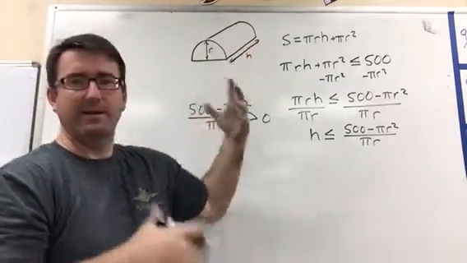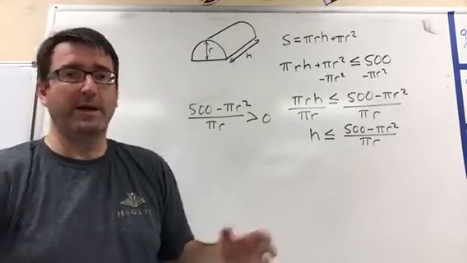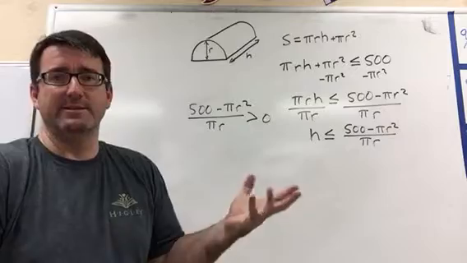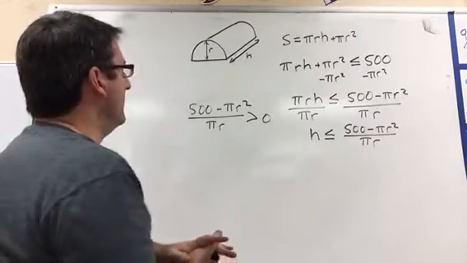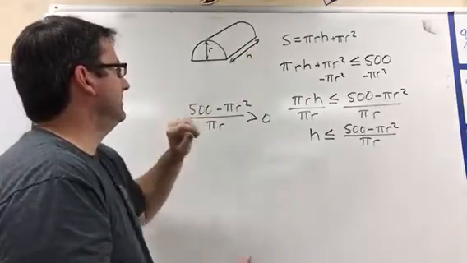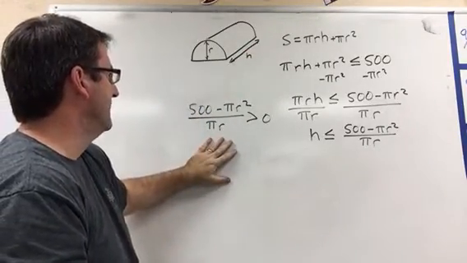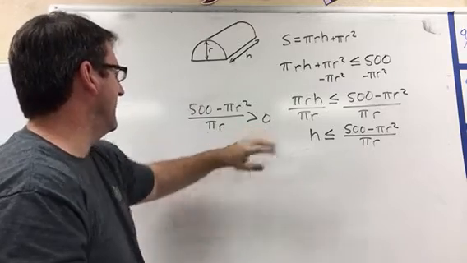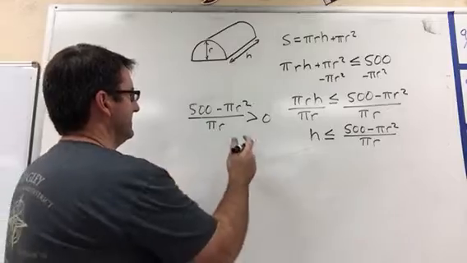Because our height obviously can't be 0, or otherwise we don't have a greenhouse, and it can't be less than 0 because we don't know how to measure something in terms of negative numbers. So let's think about this now. Our height has got to be greater than 0.